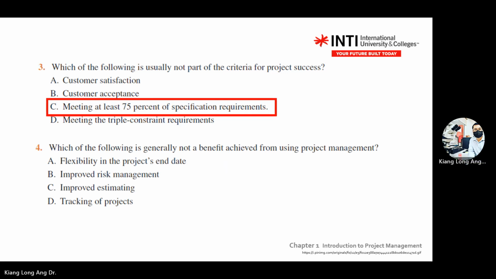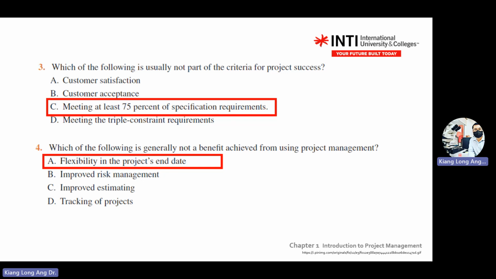Number 4, which of the following is generally not a benefit achieved from using project management? Flexibility, end date, improve estimating, tracking. So it says generally not a benefit from using project management.